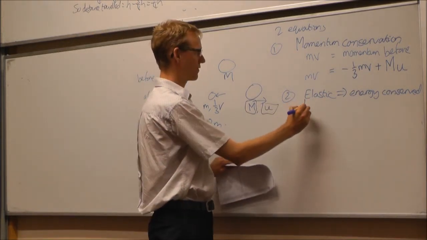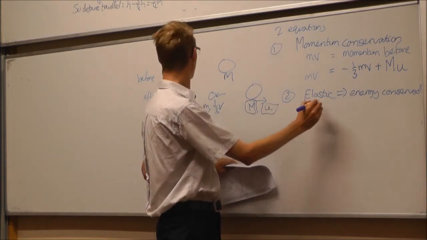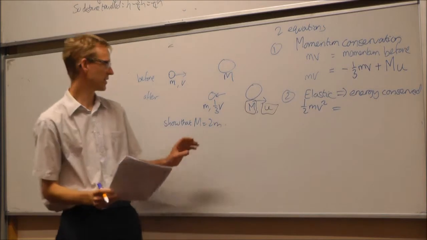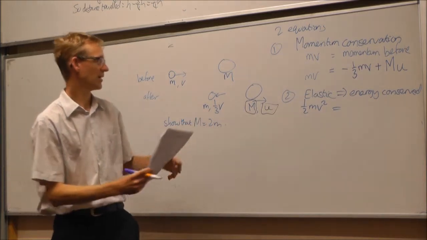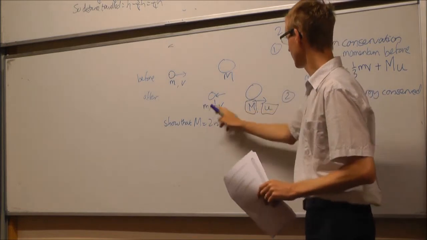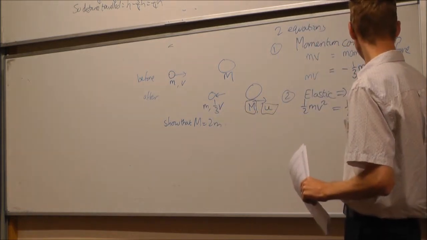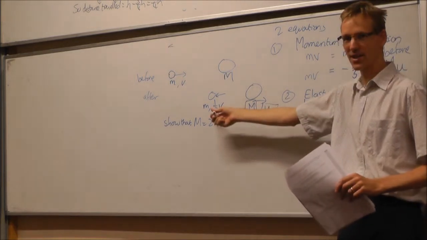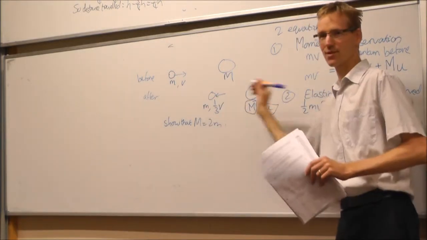So kinetic energy before is half small m v squared. Kinetic energy afterwards is half m, and then it's a third v all squared. And of course, it's positive energy, it doesn't matter whether it's going that way or that way.